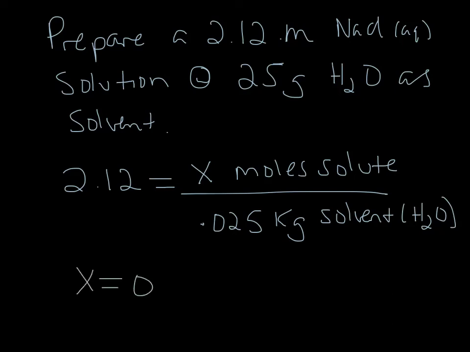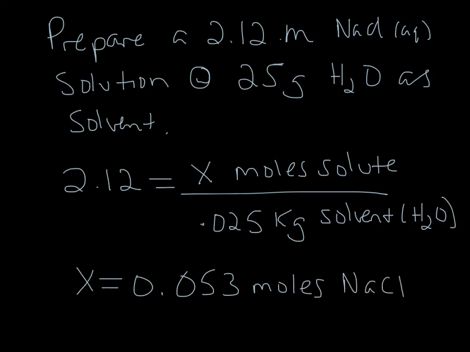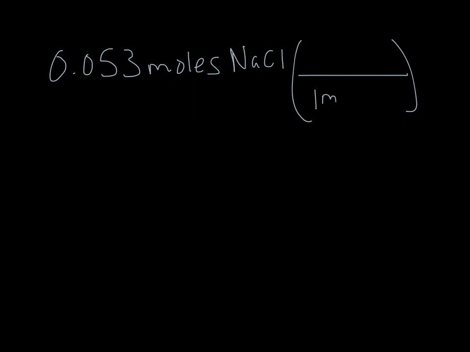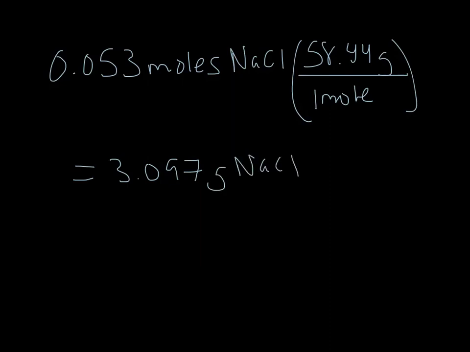X is equal to 0.053 moles of sodium chloride. So then all I have to do is take that to grams, and I can do that using the molar mass. So if I have that many moles of sodium chloride, again, I know that in 1 mole there are 58.44 grams, and that is equal to 3.097 grams of NaCl.